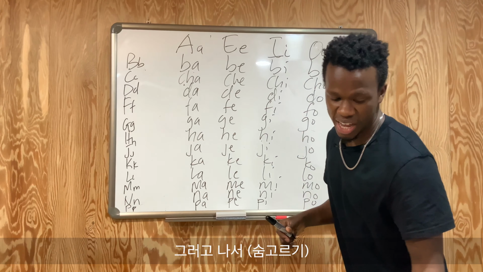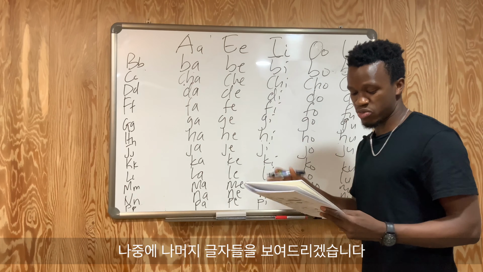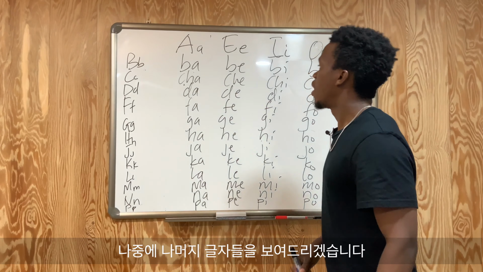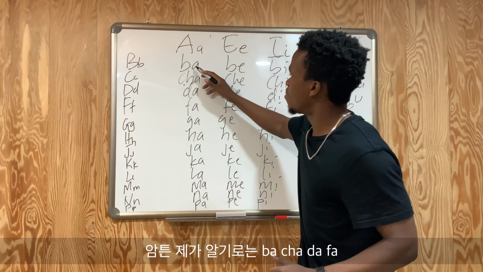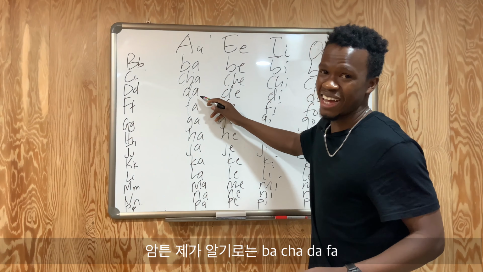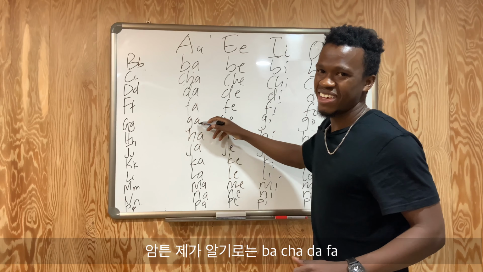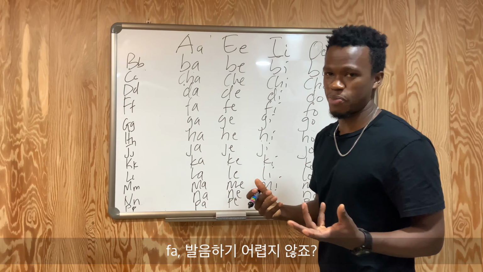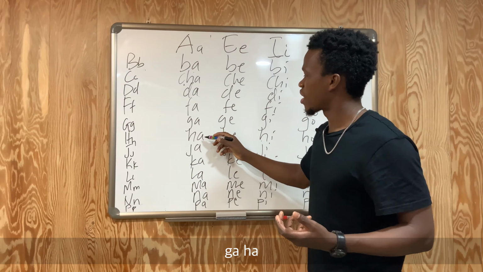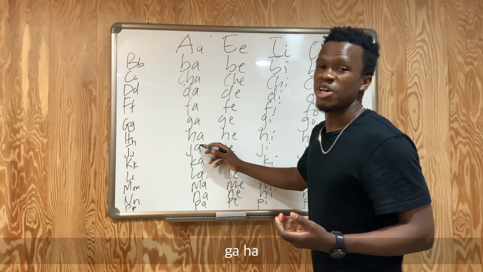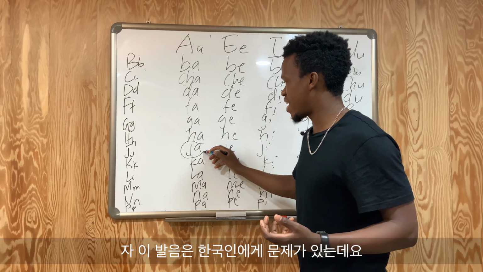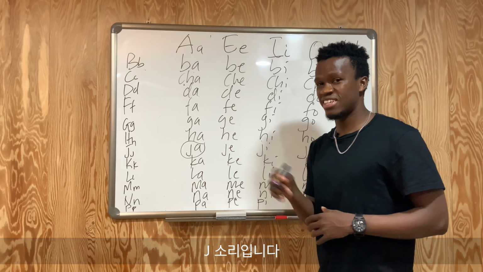And then after that, we have the rest of the letters. I'll show you later. But I believe ba, cha, da, fa are not hard to pronounce, right? Ga, ha. With this one, J, most Koreans have a problem pronouncing the J sound.